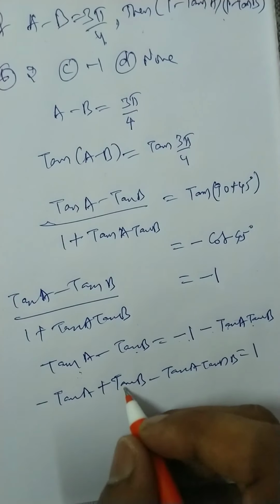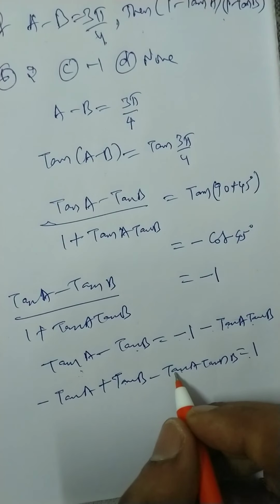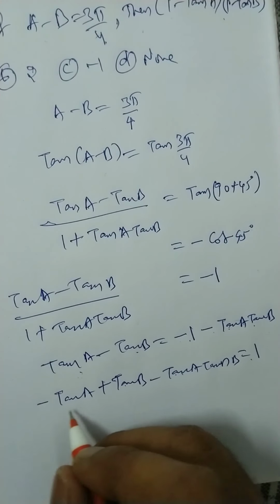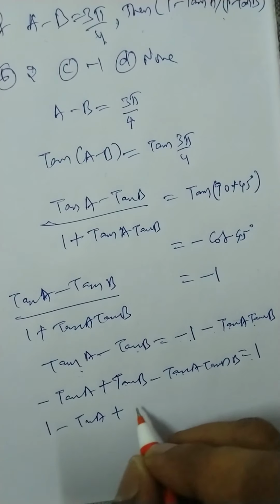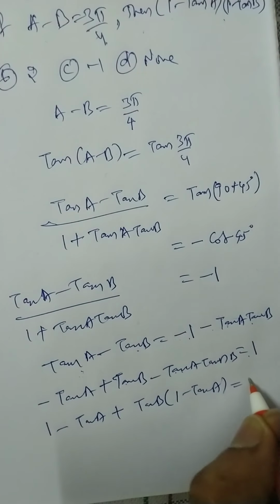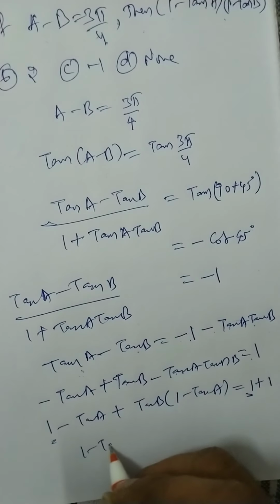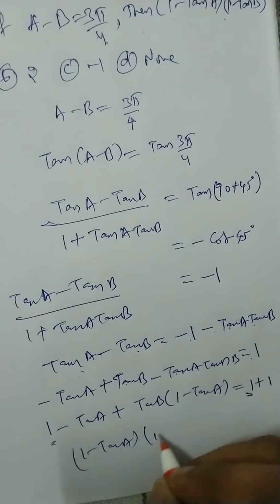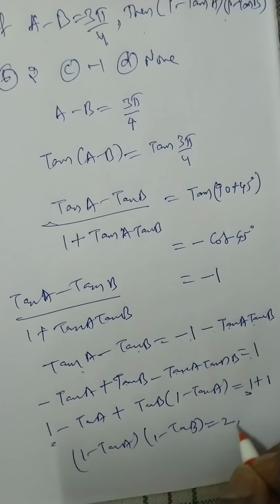So minus tan a plus tan b minus tan a tan b equals 1. Adding 1 on both sides, 1 minus tan a plus tan b common, 1 minus tan a is equal to 1 plus 1. So 1 is added on both sides. Now taking 1 minus tan a common, we will get (1 minus tan a) into (1 minus tan b) is equal to 2.